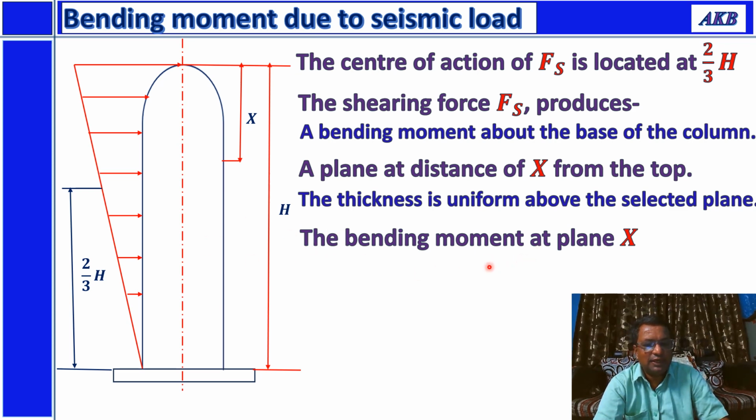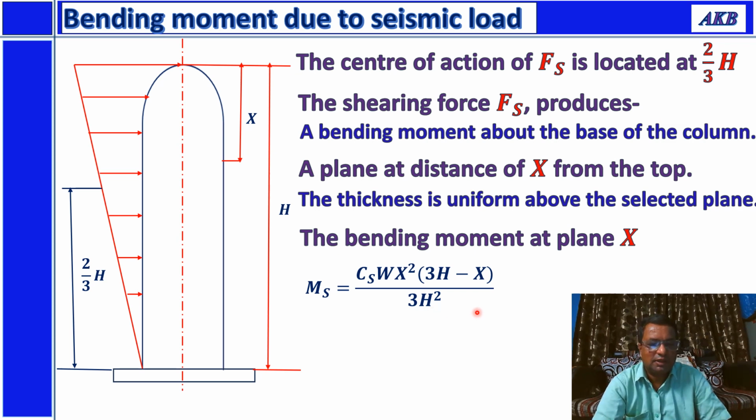The bending moment at a plane at a distance of x from the top will be given by this equation: Ms is equal to Cs into W into x square into (3h minus x) divided by 3 into h square. Talking about the derivation, I'm directly considering the equation.